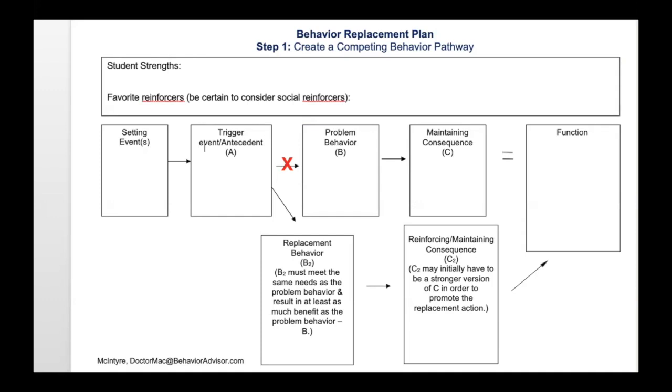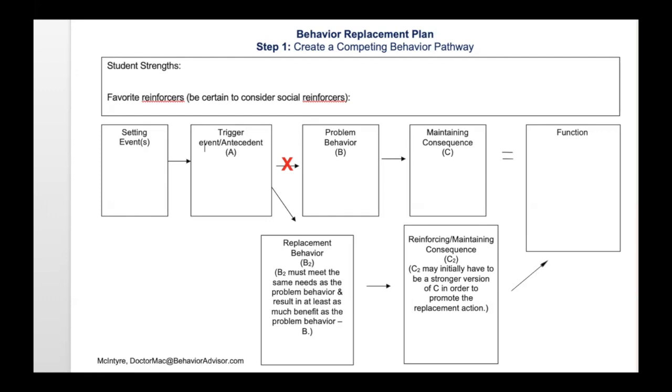And there's a second form to complete where you will have conducted the ABC analysis and added on setting events before the antecedent. You'll be taking an educated guess at the function, but then see where that red X is. We don't want the antecedent to prompt the problem behavior.